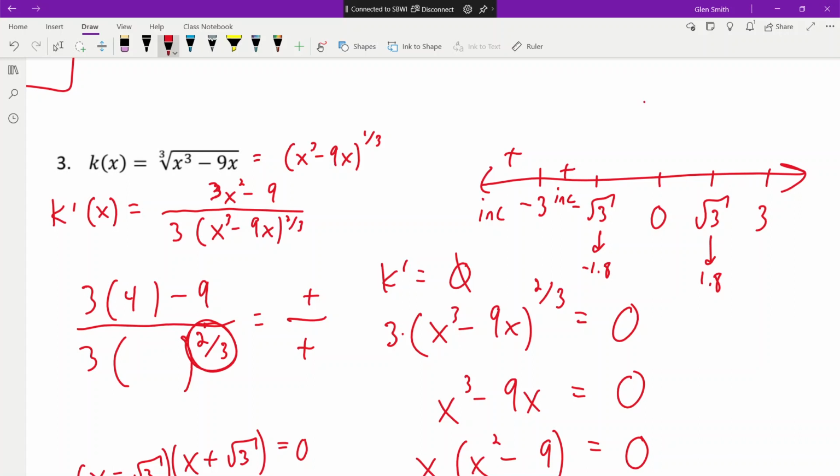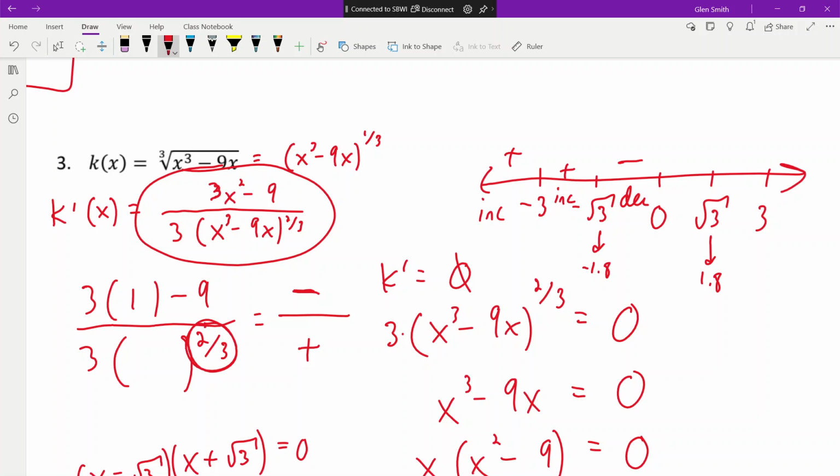But now I need a number in this interval. Negative 1 works. So if I drop negative 1 into my derivative, I'm going to get 3 times 1 minus 9. But that's a negative number. Divide it by, and any number to the 2/3 is positive still. So that's a negative, which means we're decreasing here.